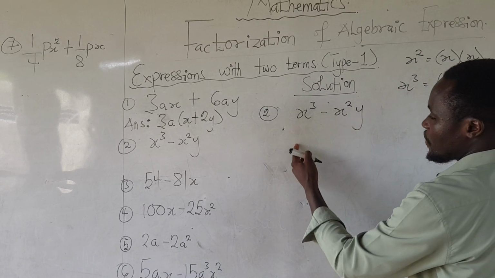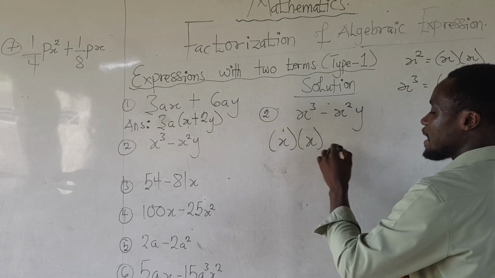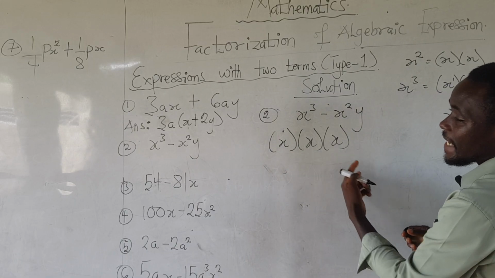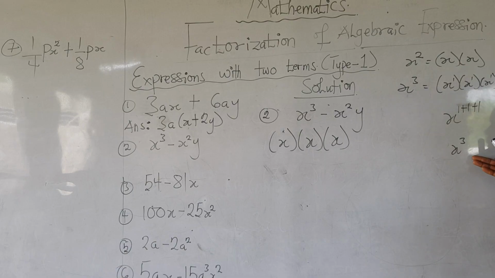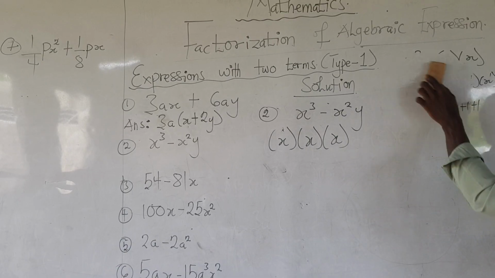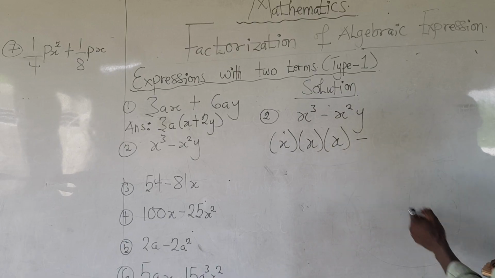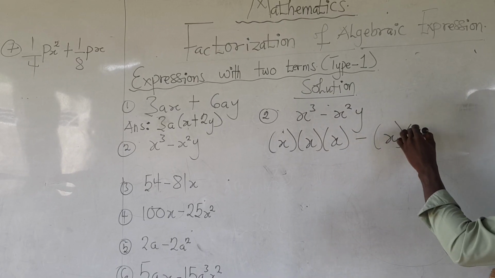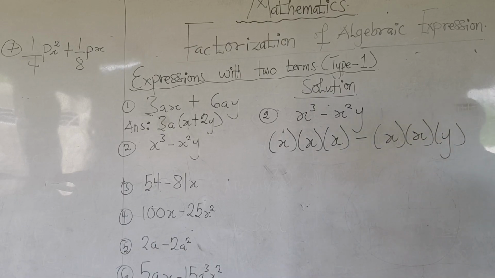In the same manner, when we come here, it becomes x multiplying another x multiplying another x, and when we multiply these we get x cubed. I believe you are following very well. Then my minus here. In the same manner, x squared can be written as x in a bracket x multiplying the y that I have over there.